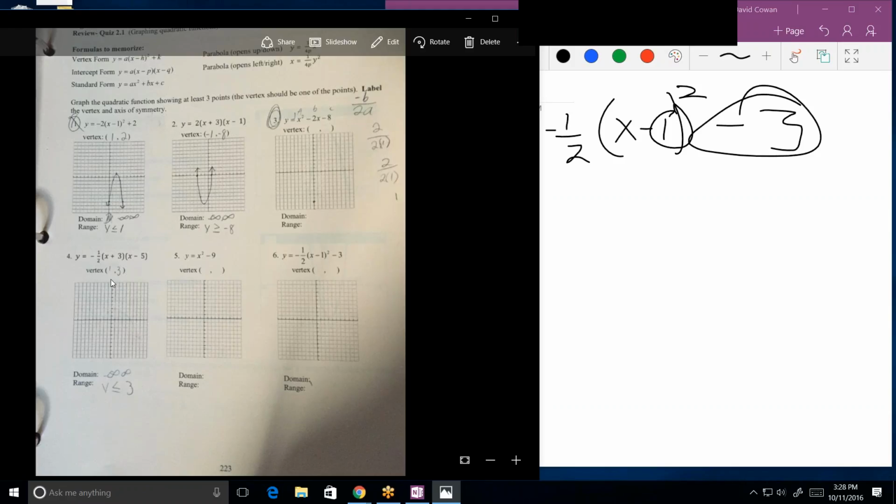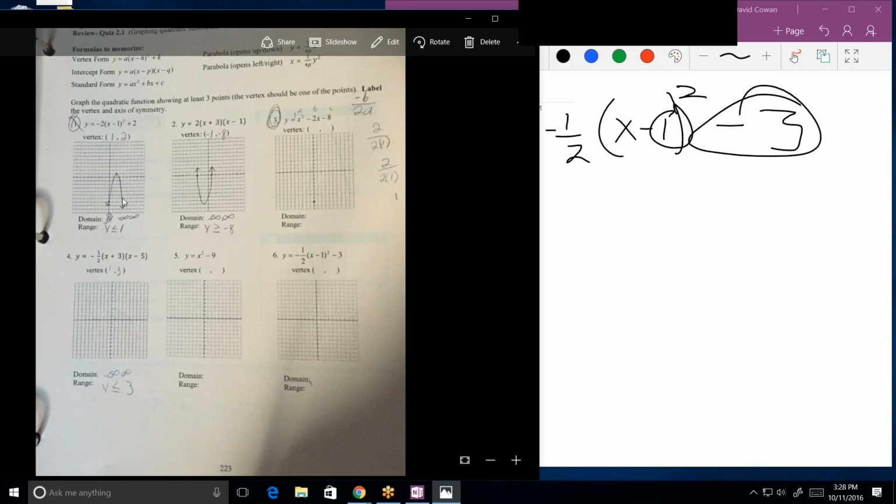Domain and range. Once you've graphed it, is there any question at all as to how to figure your domain and range? No. The domain is always, on a quadratic, going to be all reals, negative infinity to positive infinity.